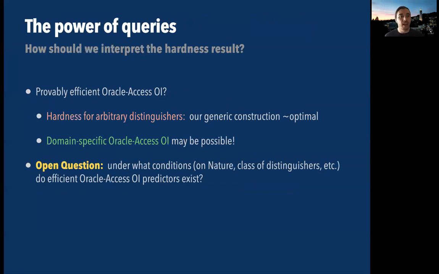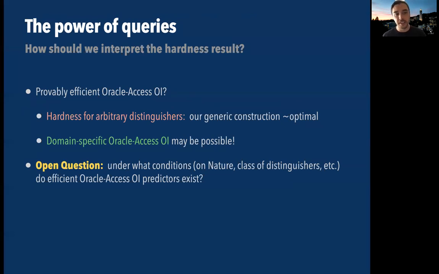So one more time, I think the way you should interpret this result is as saying that at the level of generality that we're working at, this very generic level, not making any assumptions about the nature of the distinguishers or about nature, the construction is essentially optimal.